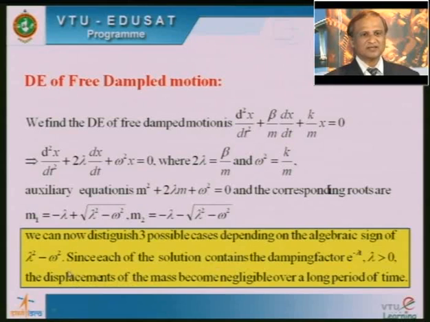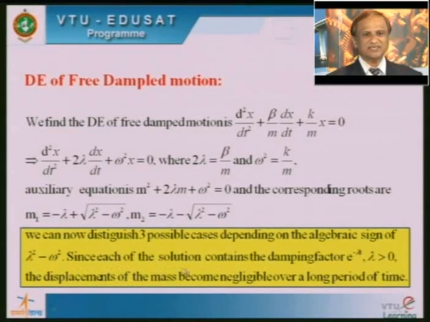Since each of the solutions contains the damping factor, e to the power minus lambda t is the damping factor. Where lambda is greater than 0, the displacement of the mass becomes negligible over a long period of time.